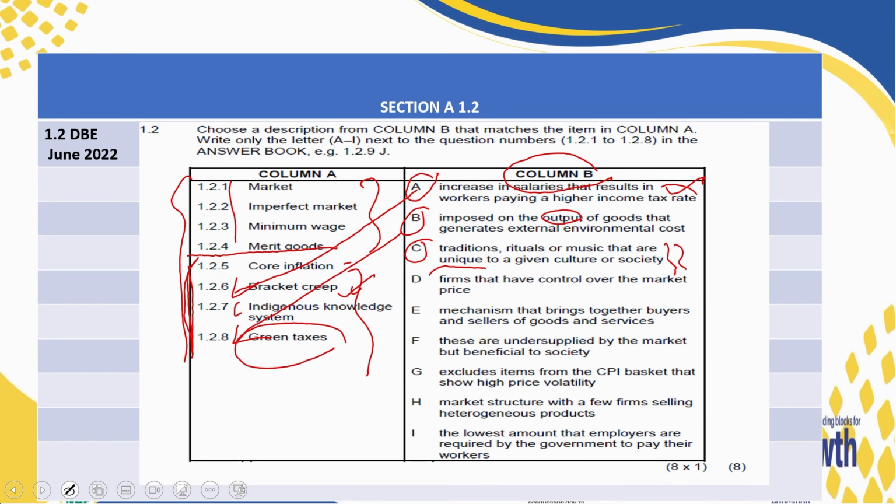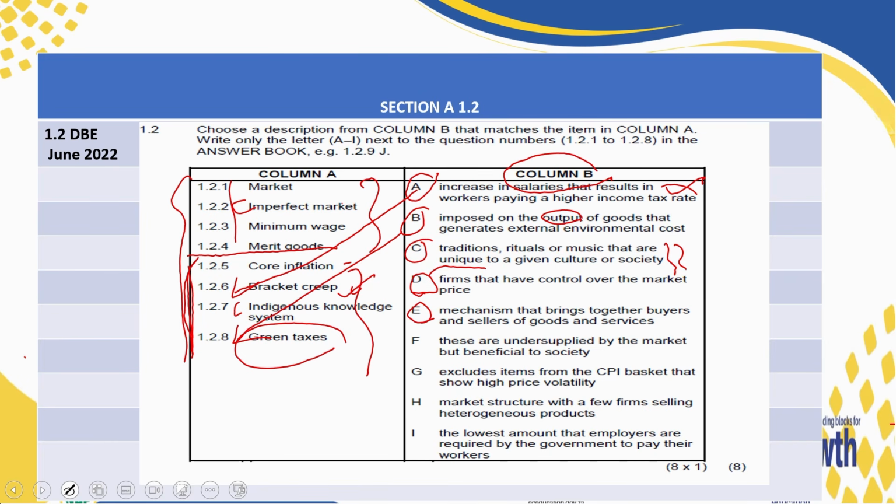Is it an imperfect market? Is it minimum wage? Is it merit goods? Obviously, it should be our imperfect markets. So we take the letter D and we put it on imperfect markets. They do have control over market prices. We know about that.